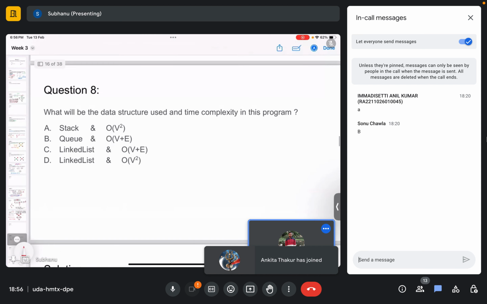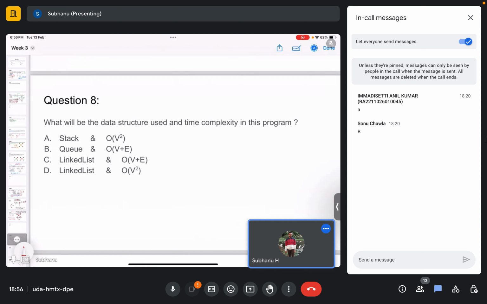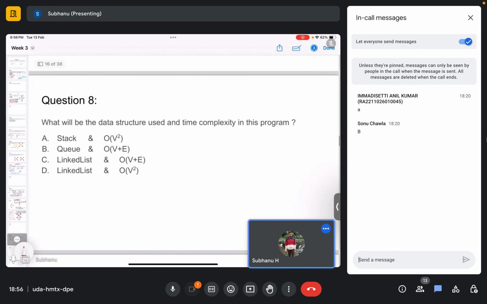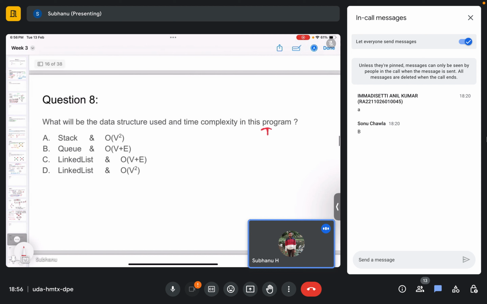Okay. So now we have to find what data structure is used and the time complexity of the program, basically for this topological sort. Let me check that.